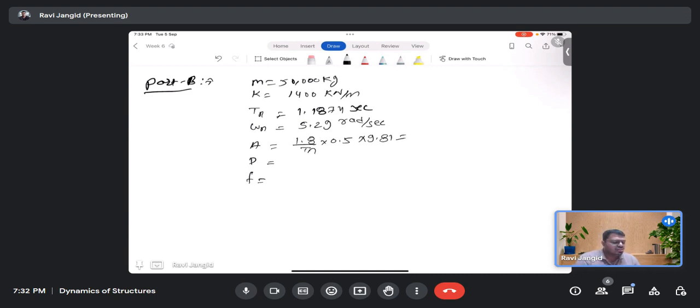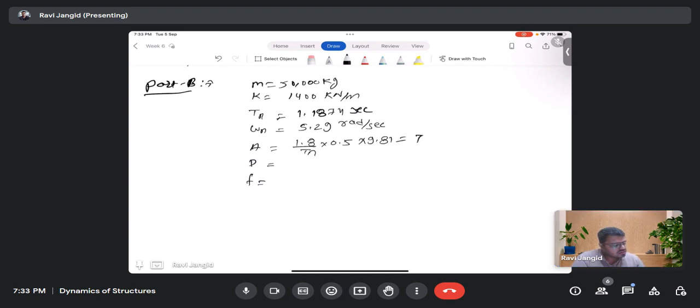So can you give me the value of A? 7.435. Yes, so it is coming out to be 7.435 meter per second square.